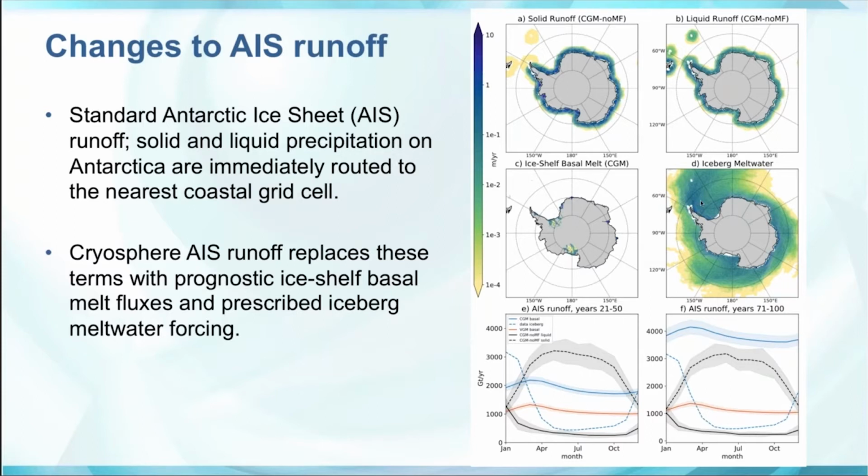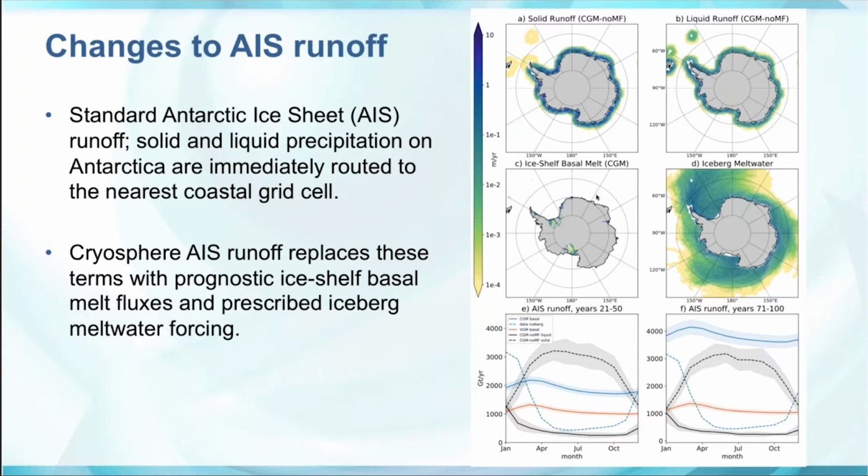For that, we've implemented a prescribed iceberg meltwater data forcing set. You can see in the middle two panels here, these are climatological averages, and the spatial distribution is quite different.